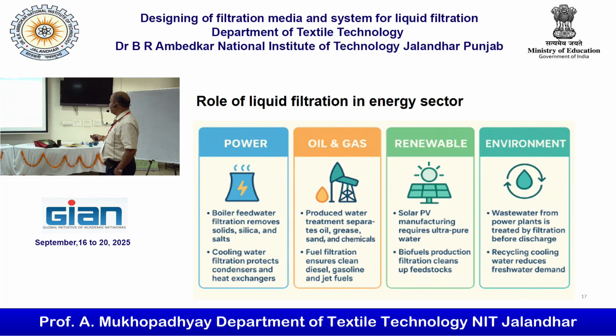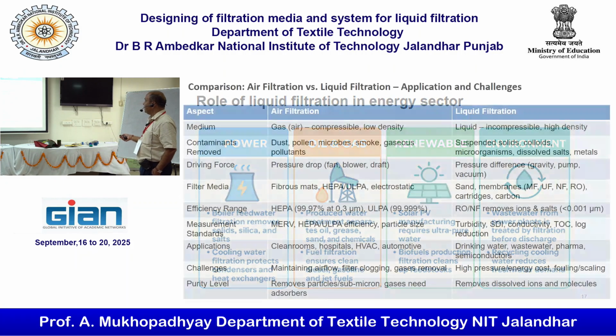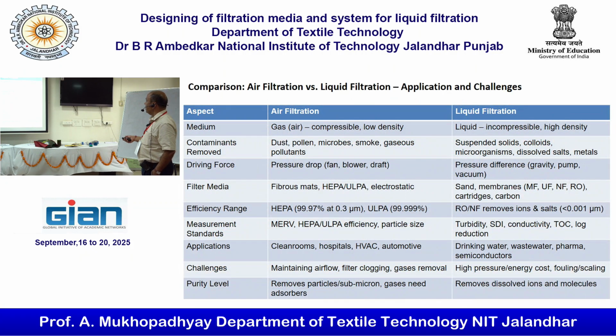Now here it shows the applications and challenges for air filtration and liquid filtration. Air is compressible with low density; liquid is incompressible with high density. The type of contaminants in air filtration is different from liquid filtration. The driving force will be pressure drop, or pressure difference.